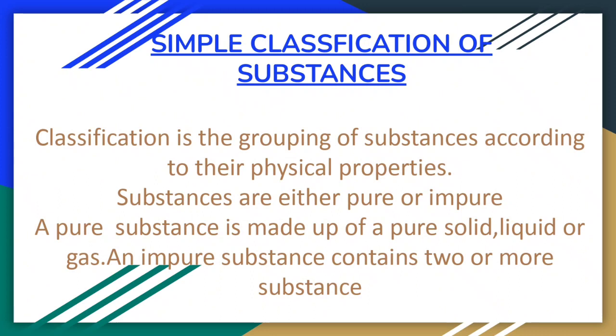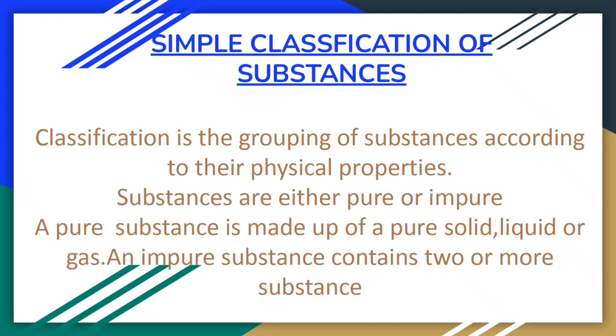Now, an impure substance contains two or more substances. For example, if you mix water with common salt, table salt, then it becomes impure. Or mix water with milk and freeze it to form a solid.